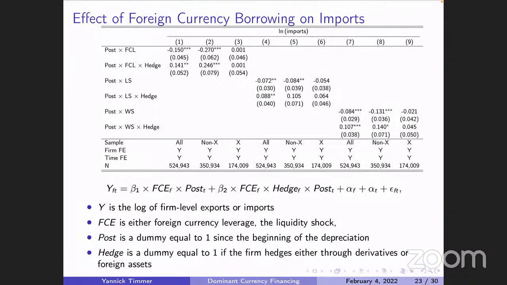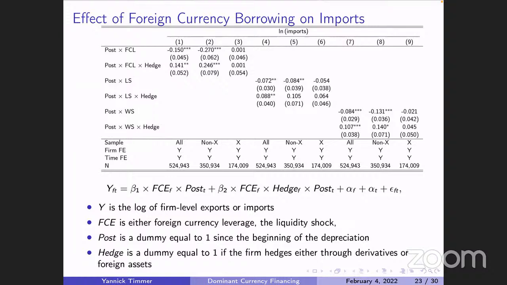And so, in other words, the double interaction between post and foreign currency leverage reflects the effect of firms that are not hedging, neither through assets nor through derivatives. And when you look at the results, you can see that indeed the triple interaction has a very similar coefficient in absolute magnitude to the double interaction. So what does it mean?